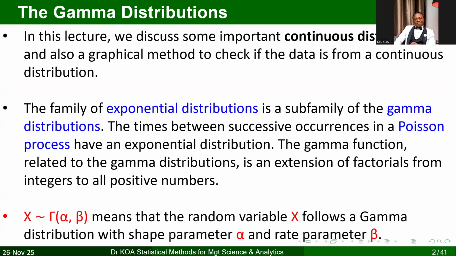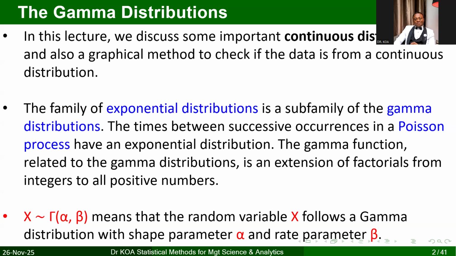So we're going to look at the family of exponential distribution. Exponential distributions are subcategories of gamma distributions. And when you look at Poisson, which we have, the time between successive occurrences, the gap between successive events, that particular time between successive events in the Poisson has an exponential distribution within it.